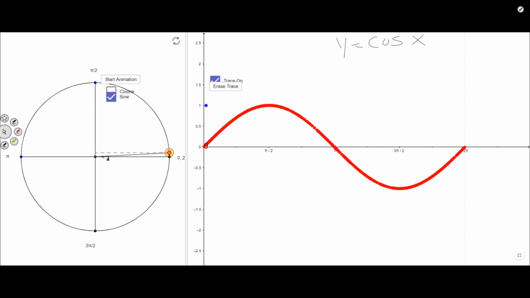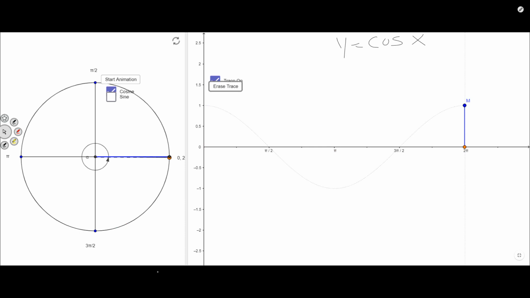Now, what will cosine look like? Cosine is the adjacent side. We already said the cosine of 0 is 1. Well, if the cosine of 0 is 1, and we just pick out the big points, we realize we're going to start at 1. We're going to hit the cosine of pi over 2, which is 0.